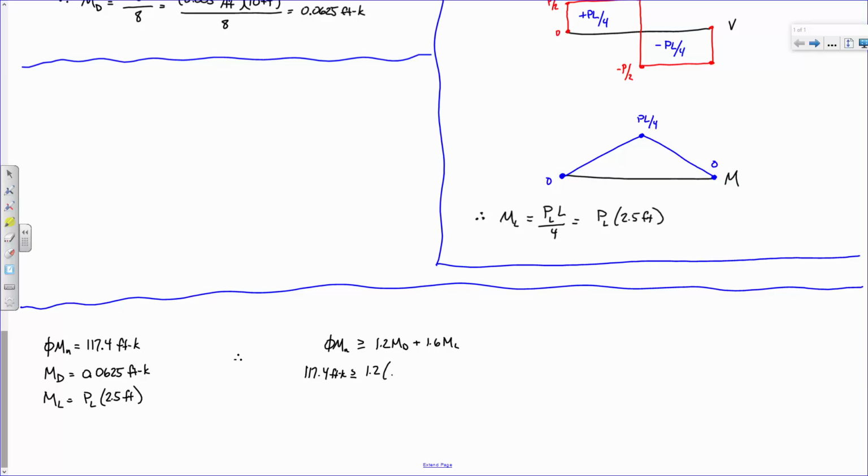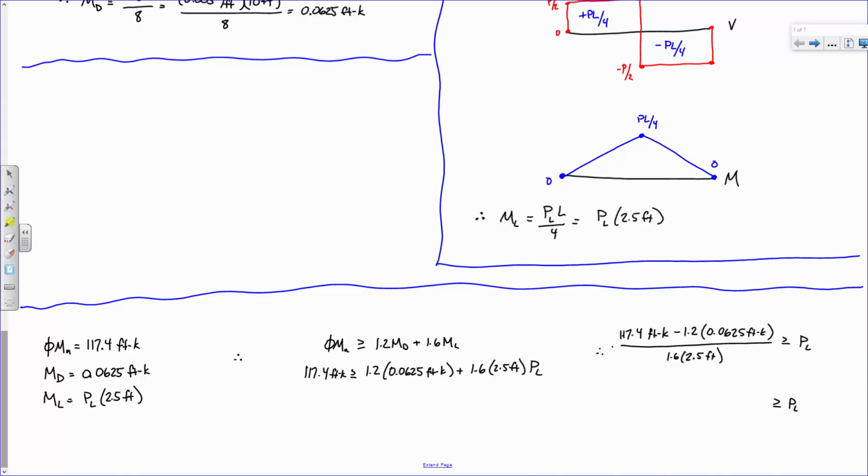This is just solve for PL. What is PL? .33.